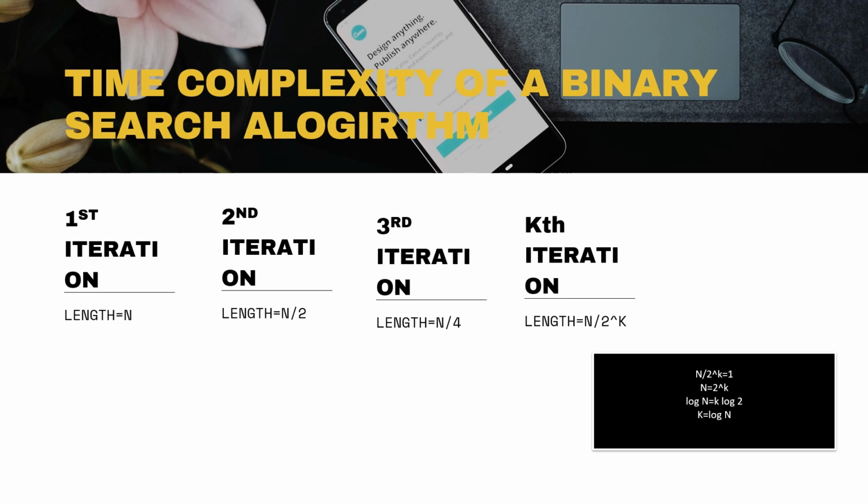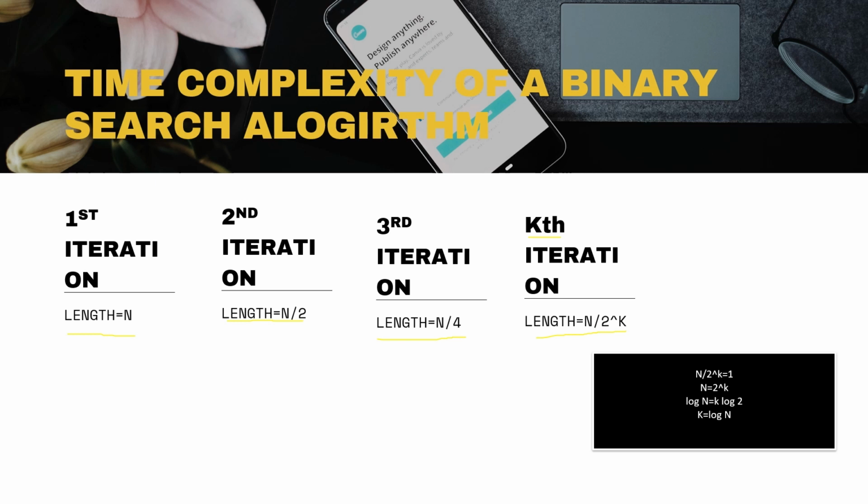In the first iteration, the length of the array is n, in the second iteration the length of the array becomes half, and in the third iteration the length of the array becomes n upon 4. And if we iterate till the kth time, then the length of the array will be n upon 2 power k.